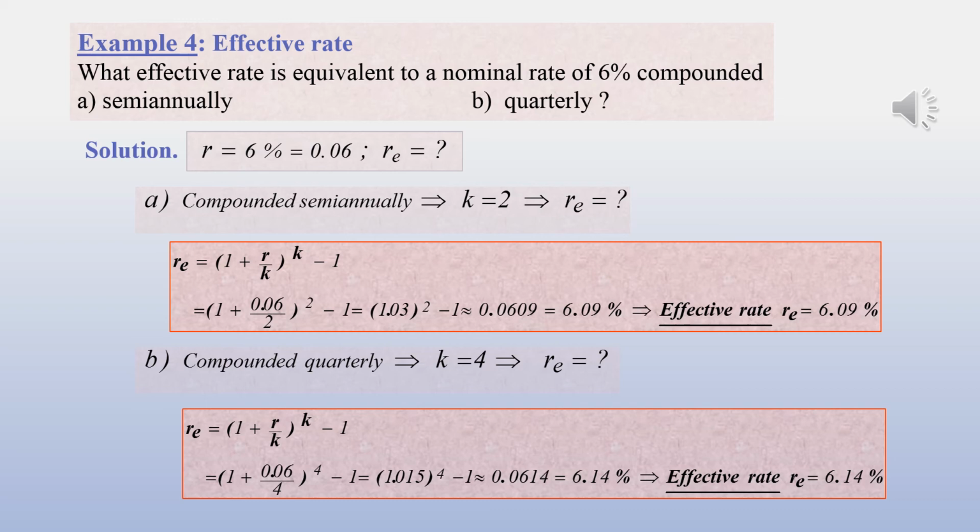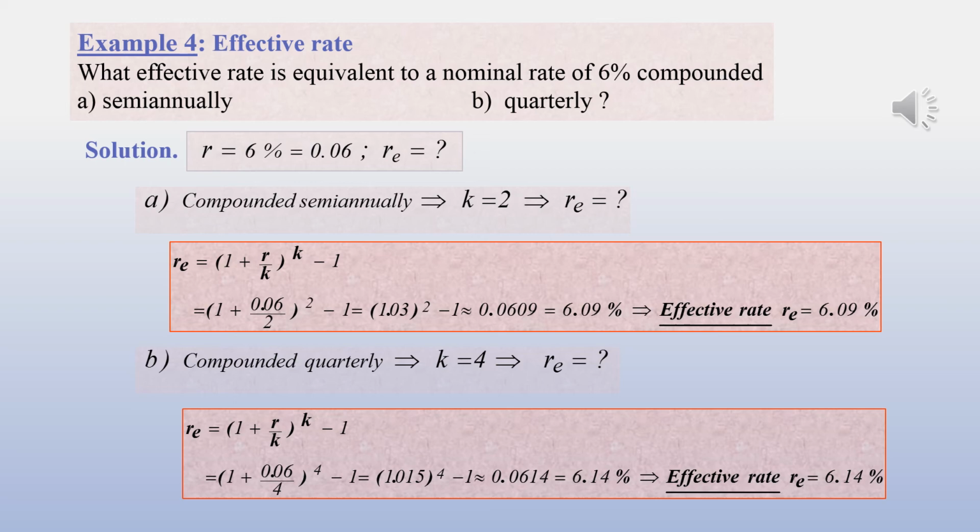So Re is about 0.0609, which is equal to 6.09%. So the effective rate, which is equivalent to a nominal rate of 6% compounded semi-annually, is equal to 6.09%.